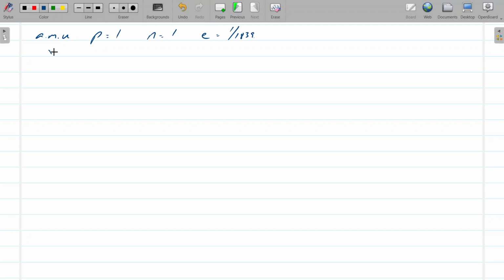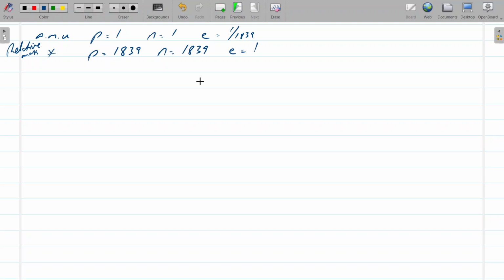Over here, what they've done is they've given a proton as 1839 and neutron as 1839, and not atomic mass unit but relative mass. So relative mass basically means that they weigh much more than the electron, and electron is 1. In principle, it's the same thing, but it's a very different way of mentioning it.